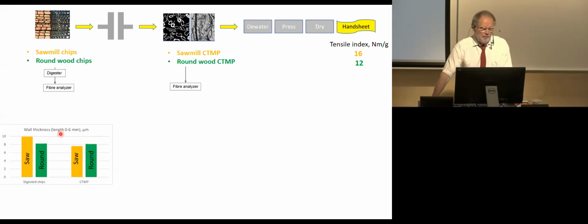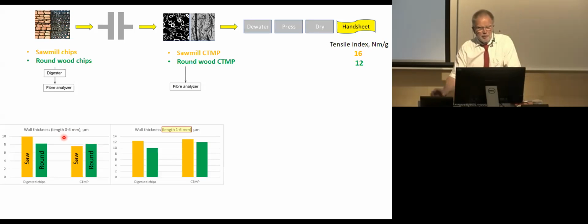And that's the problem here, because normally these analyzers give an average where you include all particles, even those very close to 0 millimeter long. If you just skip those and go by the length interval in the distribution, you can cut it at 1 to 6 millimeter, and then you can see this remains, and then it's the same ranking anyhow.